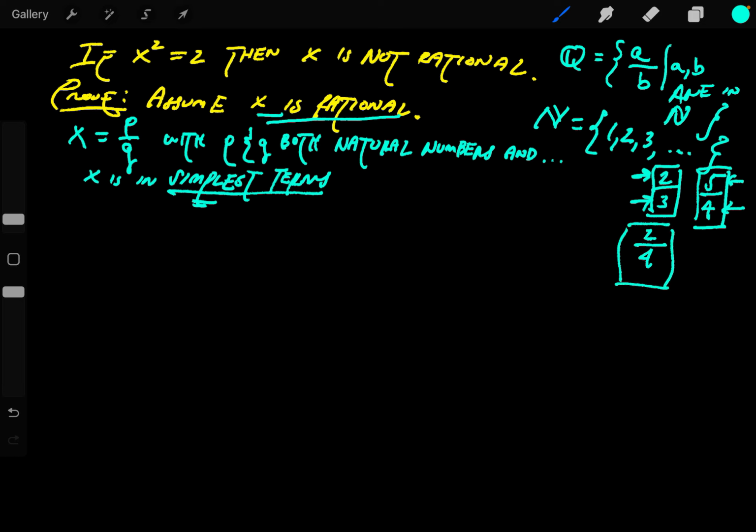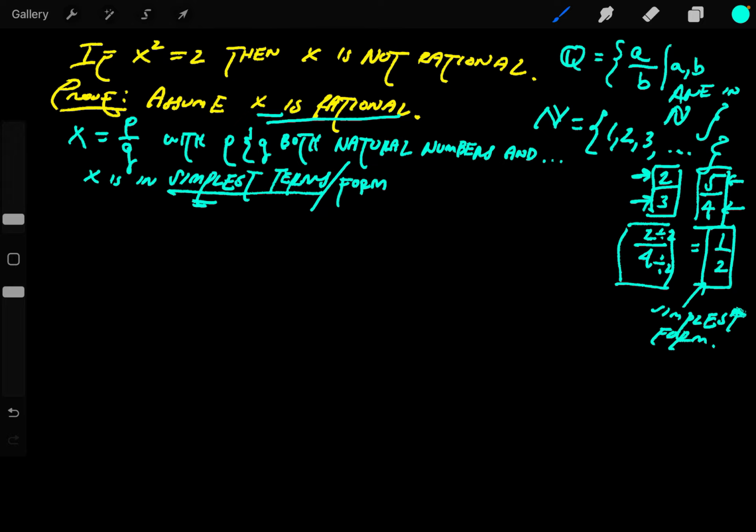But 2 over 4, they both share a factor of 2, so I can divide by 2 and I'll get 1 over 2, and now this is in simplest form, where you don't share any factors. And we should believe that if x is rational, then it must admit a simplest form expression, with p and q not sharing any factors.